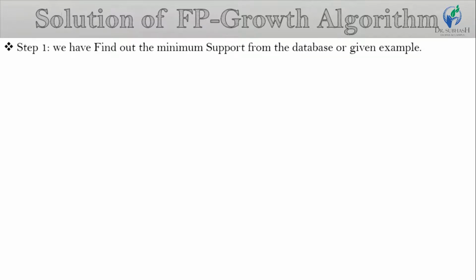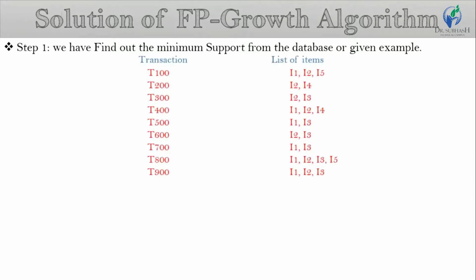Now I explain the solution of the FP growth algorithm. In step 1, we have to find the minimum support from the database or given example. In this example, the support threshold is given as 22% and the total transactions are 9.